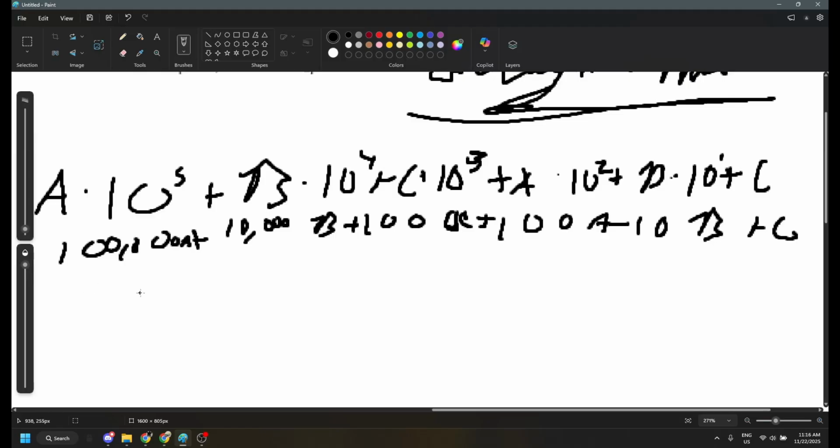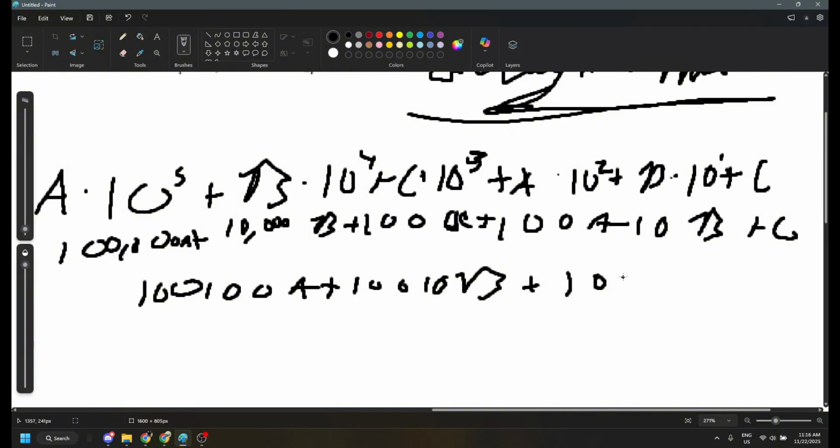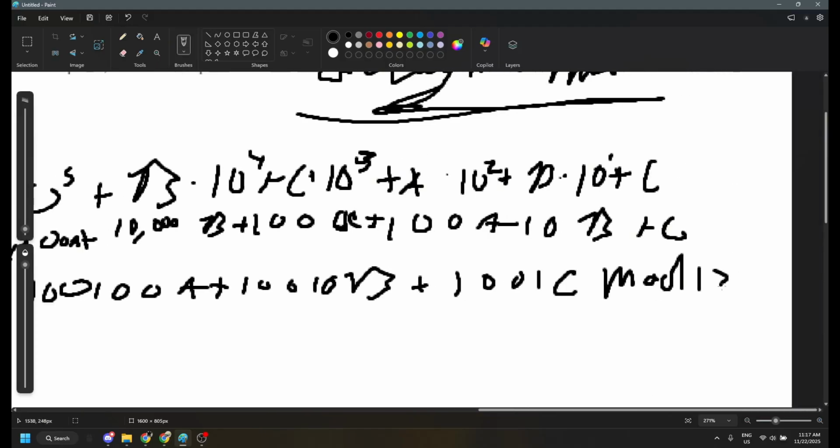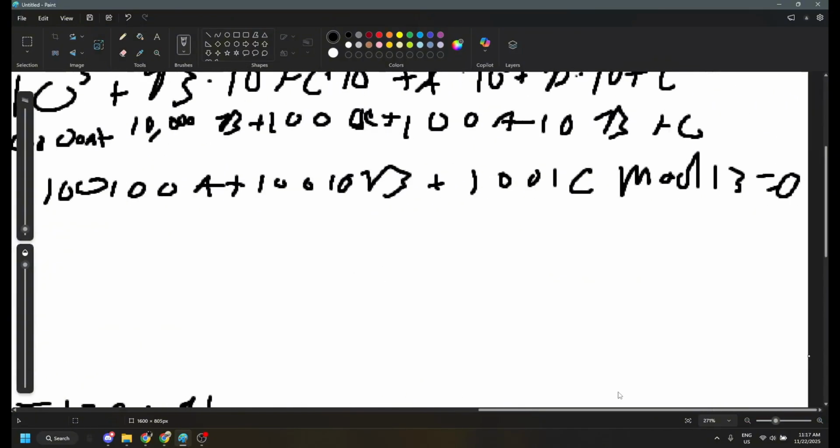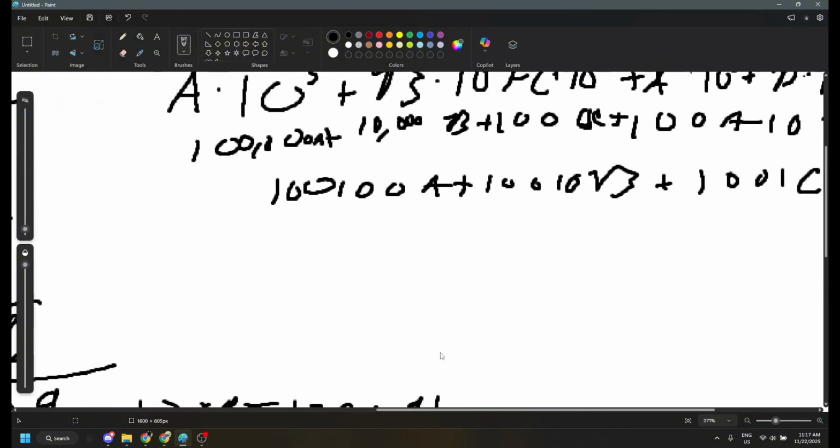So if we combine all these, we get 100,100A plus 10,010B plus 1001C. Okay. If this entire thing is divisible by 13, its mod 13 is equal to 0. So that means that if we take all of these mod 13 and add them up, they should equal 0.